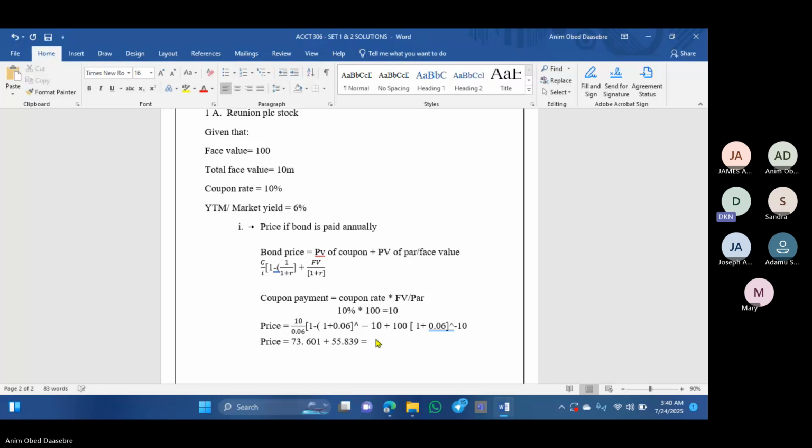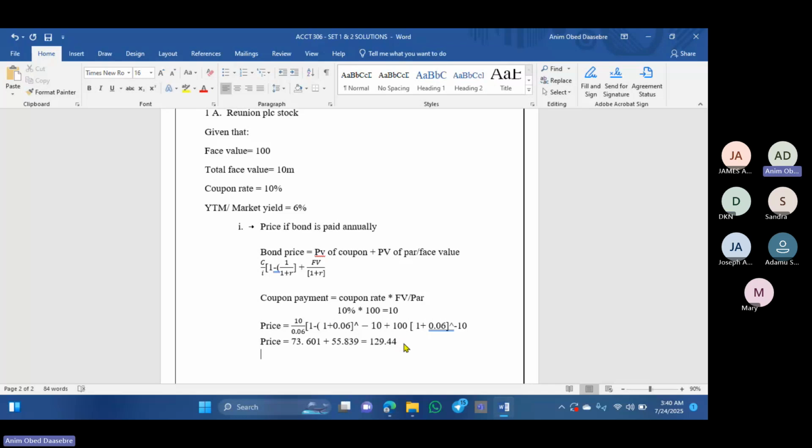We get 129.440. So you do it 129.44. So this will be the final answer for the bond price if coupon is paid annually.